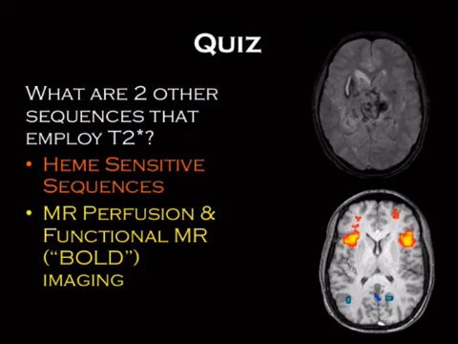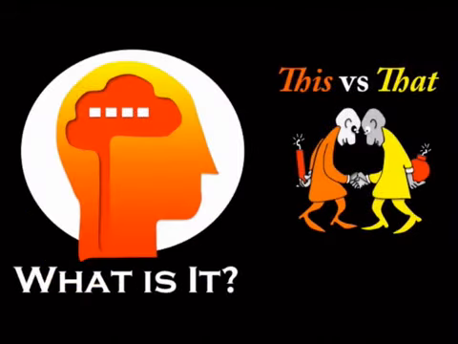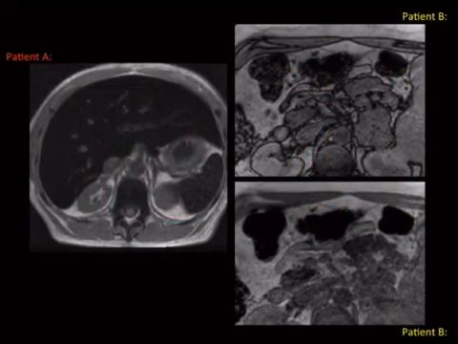There's a change from oxygenated to deoxygenated hemoglobin in its magnetic properties, and that is something that can be measured, and it takes advantage of that T2 star effect. All right, moving on.